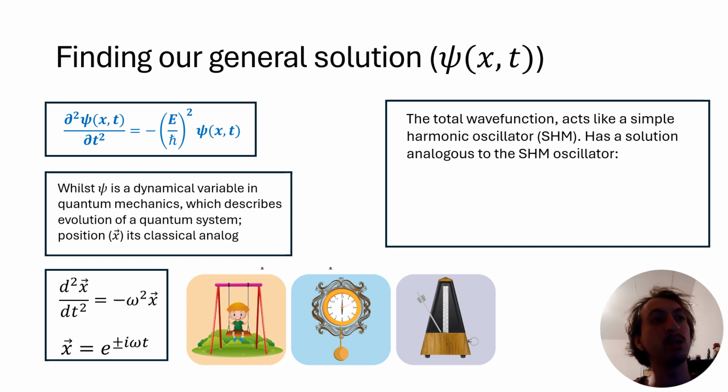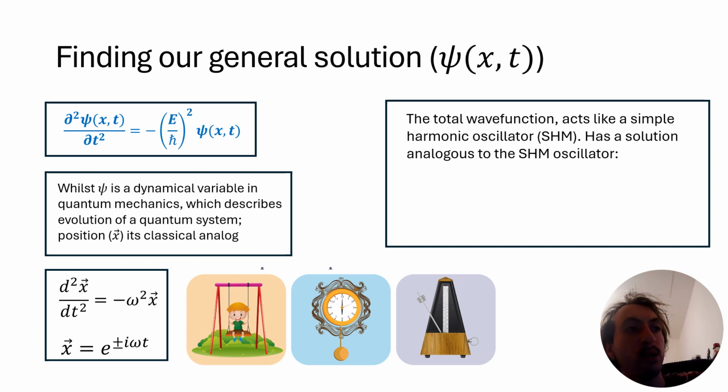So as we say, the total wave function psi of x and t essentially acts analogously to how position acts for a simple harmonic oscillator in classical physics. And so we just take the solution for the simple harmonic oscillator, so how our position x relates to time t, and we just replace x with our wave function, psi of x and t, and we can still keep in omega if we want to, but omega for the case of our quantum equation is just E over h bar.